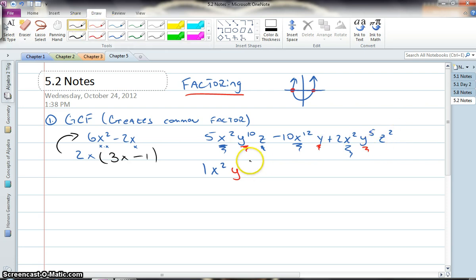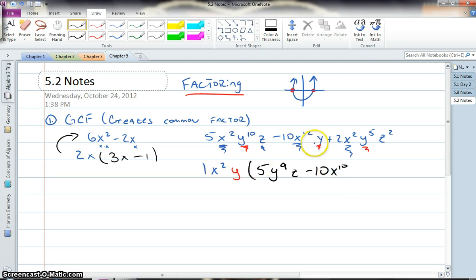All right. So then let's start our parentheses. Now 5 divided by 1 gives me 5. I had 2 x's. I took 2 away. I'm left with none. I had 10 y's, I took 1 away. I'm left with 9. I had 1 z, took no z's, so I'm left with z. Negative 10 divided by 1 is minus 10. Had 12 x's, took 2.